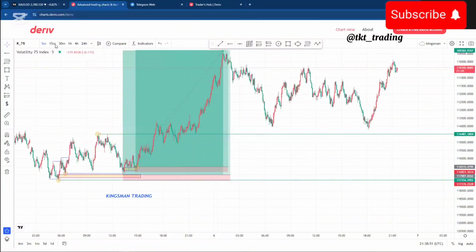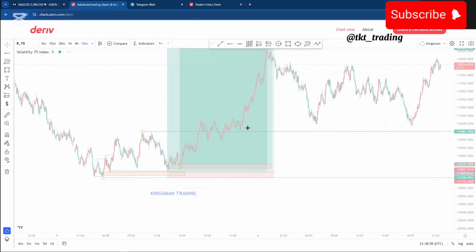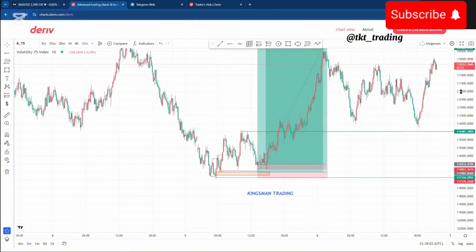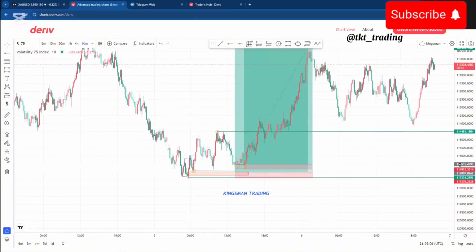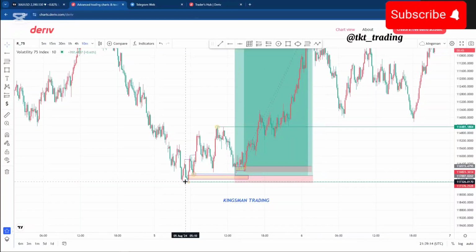let me head to the 10-minute time frame, because I think this is too tiny. Okay, now, just like I told you all in that illustration, first of all, we need to see a sweep of liquidity.